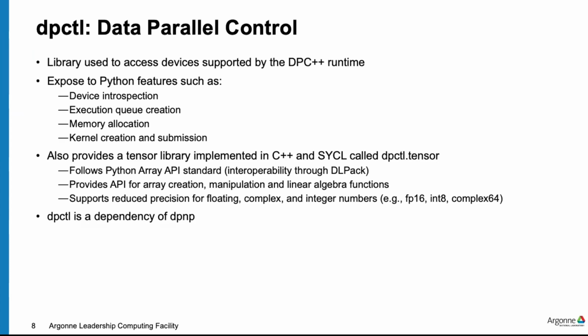This API provides similar array creation, manipulation, and linear algebra functions to DPNP. So again, there's overlap and users can choose to use either or. And it supports similar precision. So actually what happens is that DP control is a dependency of DPNP. So DPNP uses a lot of features within DP control.